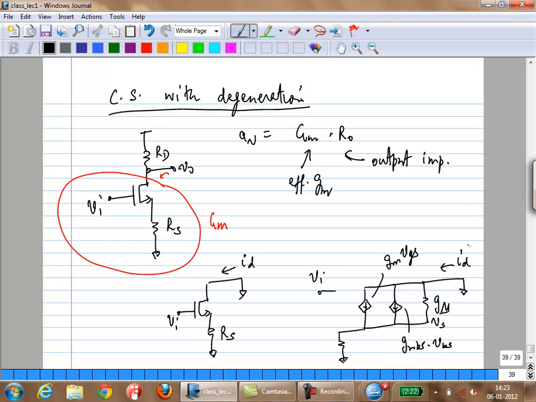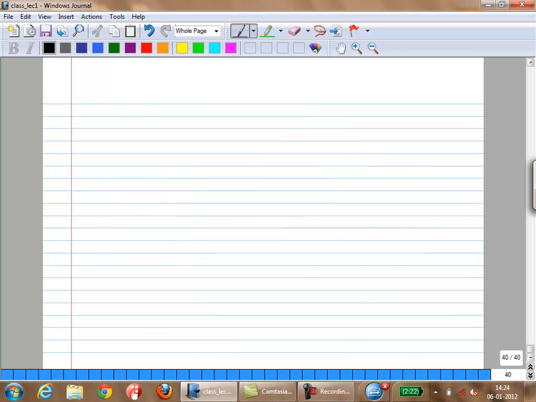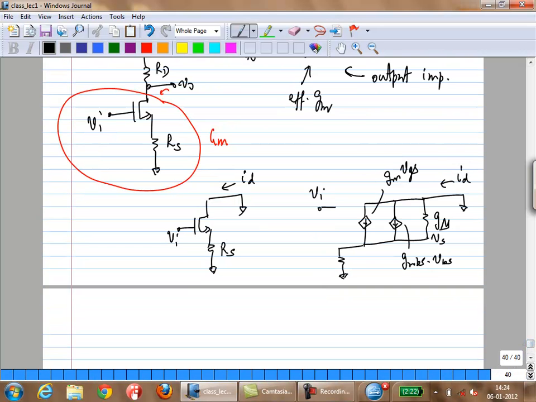Trying to find out the drain current here, right? Again, this current is the same as ID.